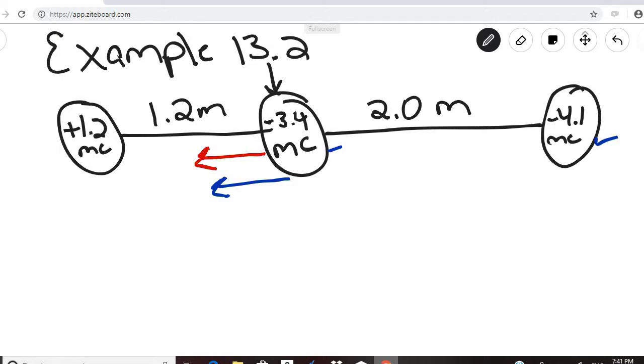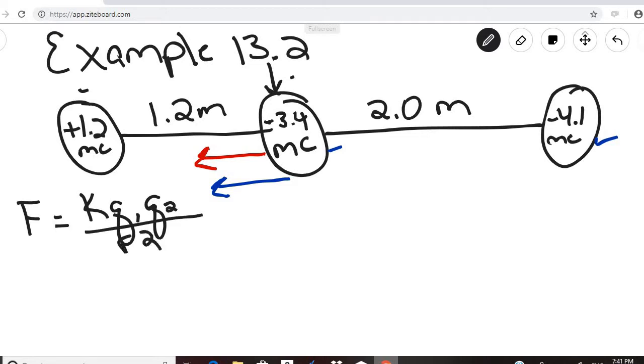Let's deal first with the relationship between this particle and this particle. F is equal to K Q1 Q2 divided by R squared.